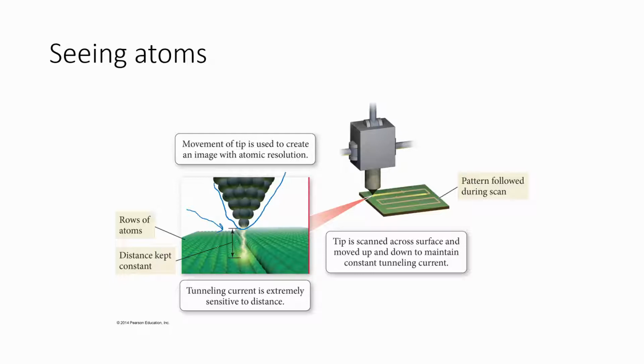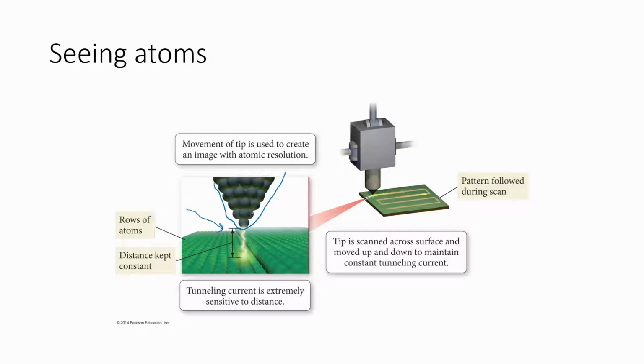So effectively, as you move across the surface and this tip gets closer to a layer of atoms because that layer is higher up on the overall surface, the instrument will sense an increase in current because the two objects are closer.